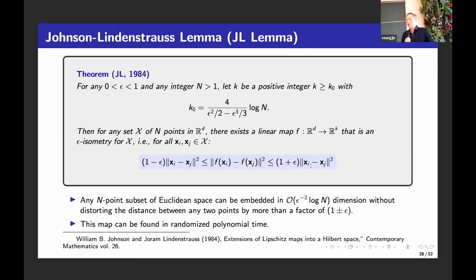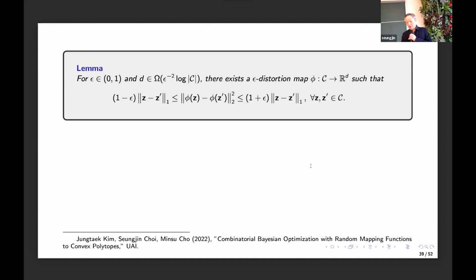The Johnson-Lindenstrauss lemma also holds for some different norms, especially the Hamming distance. Fortunately. So in other words, z is a categorical or Boolean vector, and phi is the embedding. In the embedding space, the squared Euclidean distance is bounded by 1 plus or minus epsilon times the Hamming distance.